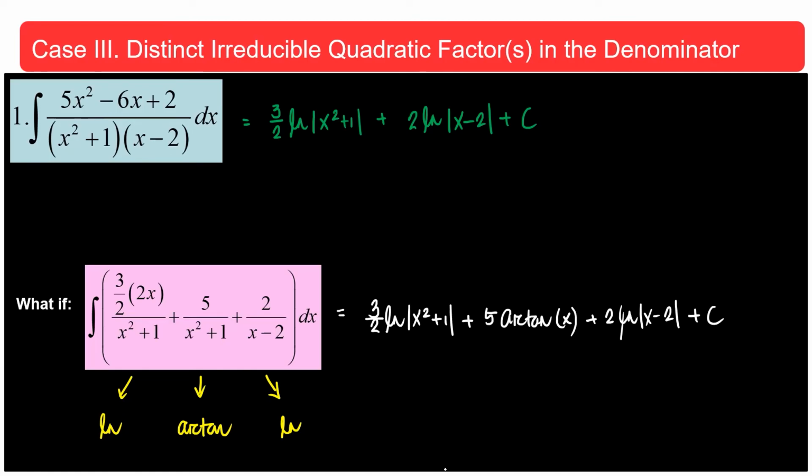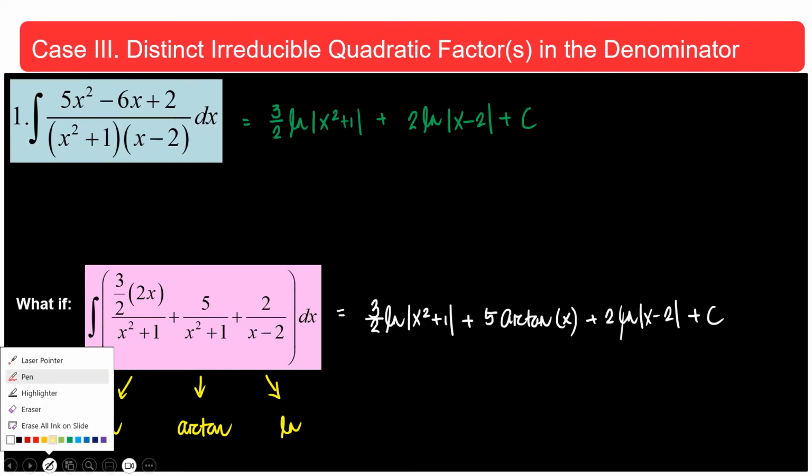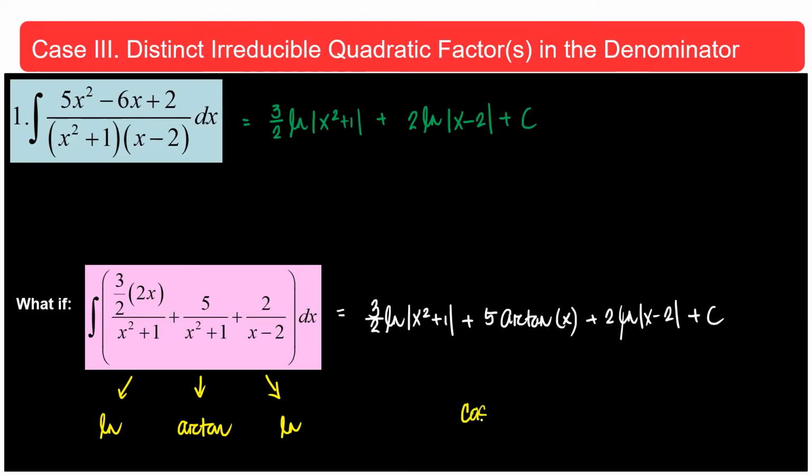Eh di tama. Di ba as I've been saying, for case number 3, it's a combination of ln plus arctan plus general power formula. It so happened na wala tayong power because there's no case 2 present.